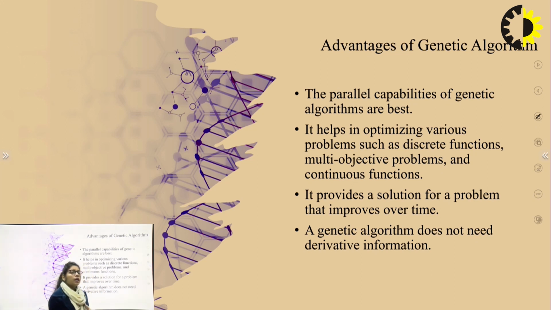It provides a solution for a problem that improves our time and efficiency, etc. A genetic algorithm does not need derivative information. When we start to apply a genetic algorithm, it does not need any derivative information.